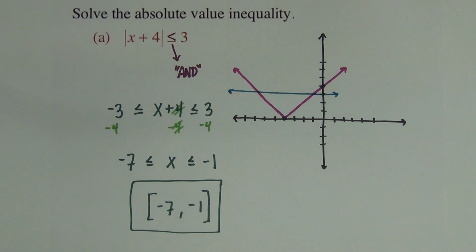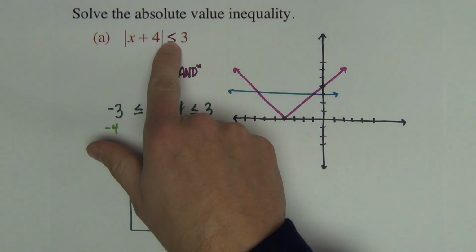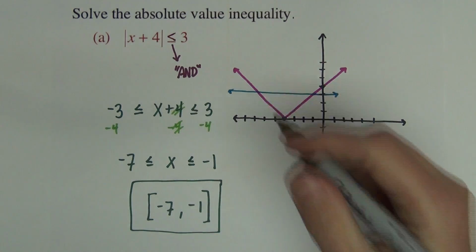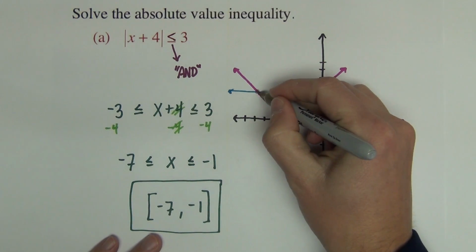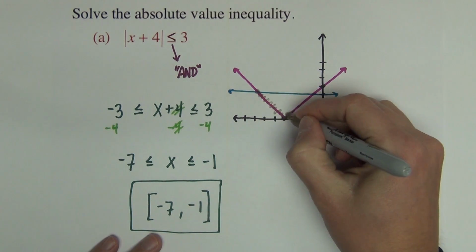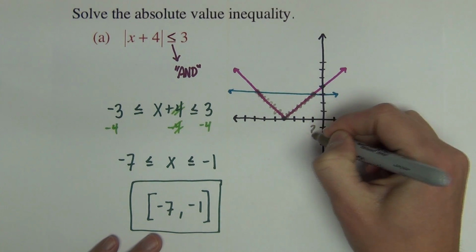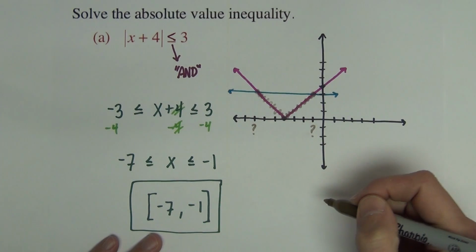Now what we want to know is where is the absolute value graph less than 3? Where is the V-shape below 3? And the V-shape is below 3 all this area between this number and this number.